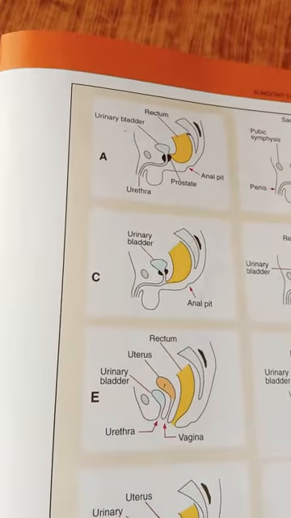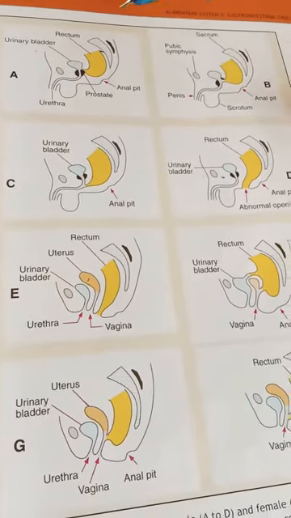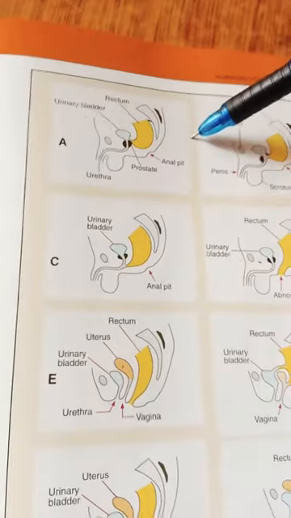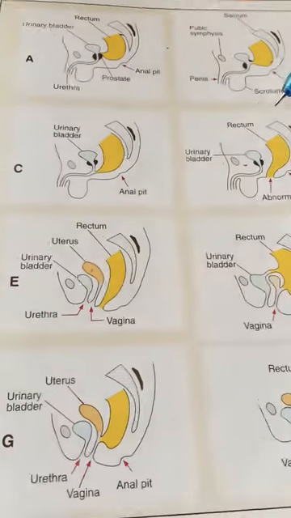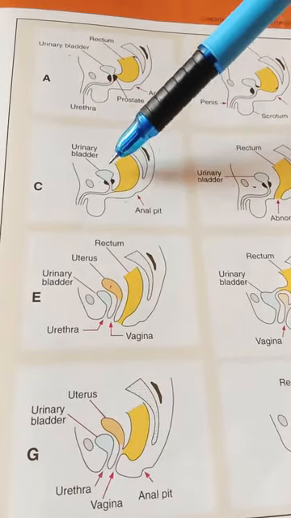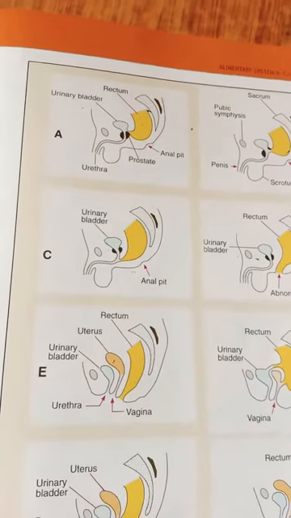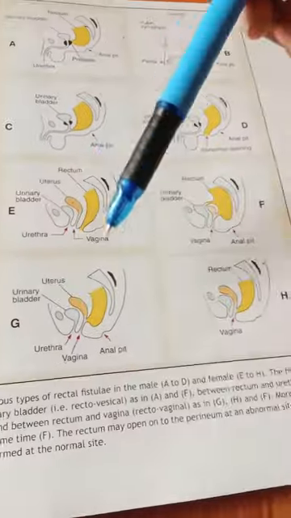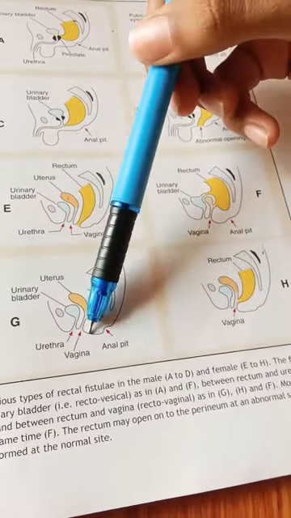This is rectovesical, and between the rectum and urethra, that is rectourethral. Rectum and urethra, this is rectum, urethra. Between this also there are some, like in case of B and C. So here you can see B and also C. So these are mainly between the rectum and urethra. This is rectourethral. And between the rectum and vagina, that is rectovaginal, in case of G, H and F. So this is vagina.